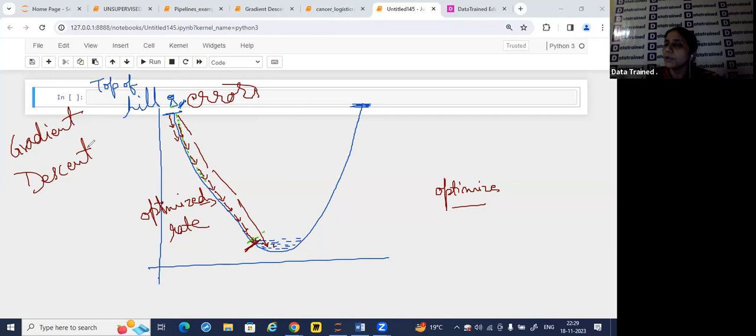It will start tuning the parameters inside it and start taking the optimized values to reduce the errors, and here it is reaching the corner only.